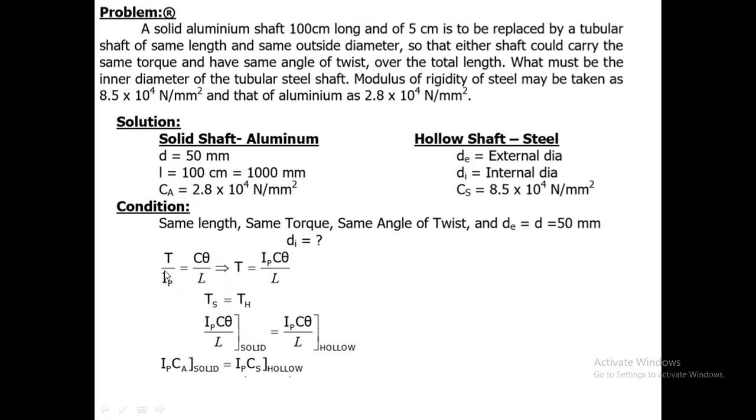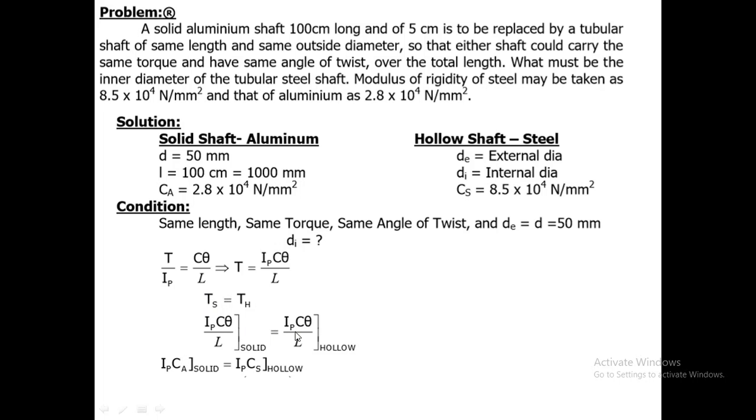So now it is simple. J is the polar moment of inertia of the two shafts, which has to be considered here. When you take the torque of the solid shaft and the hollow shaft, we equate them, and if we modify this equation, torque is equal to J into G into theta by L. This we equate for both shafts.